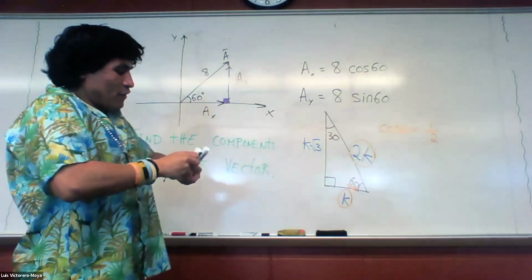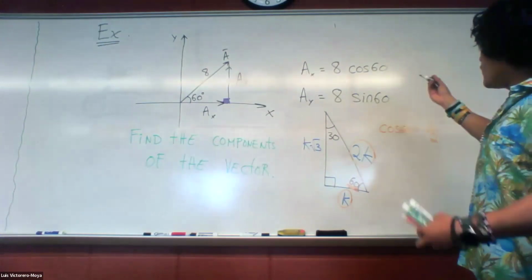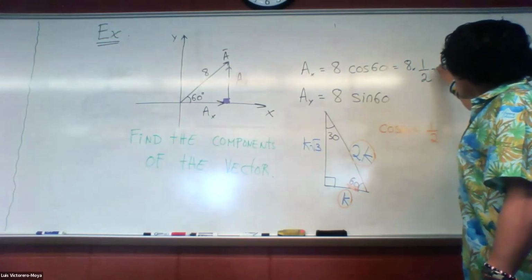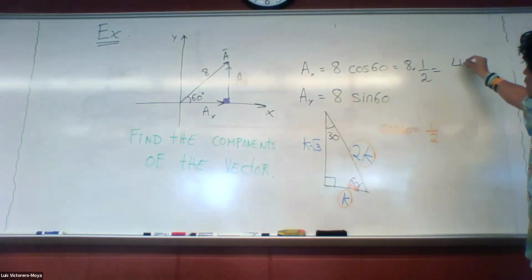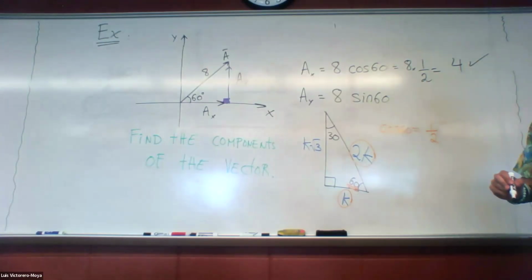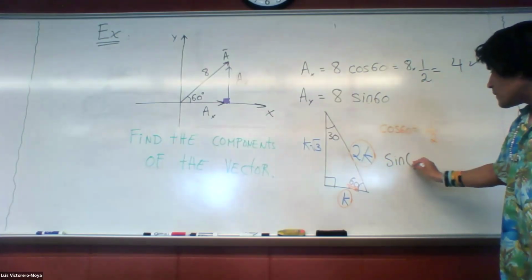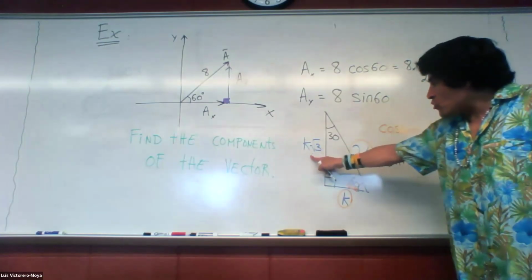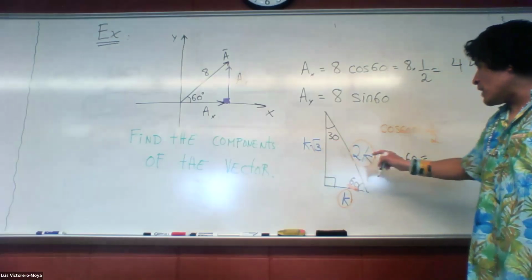So in AX, 8 times cosine 60, 8 times 1 over 2, 8 divided by 2 is just 4. That's my X component. What about sine 60? Sine 60 is opposite over hypotenuse, so root 3 divided by 2.